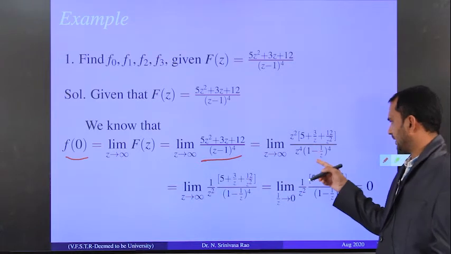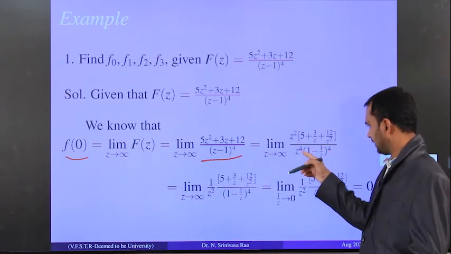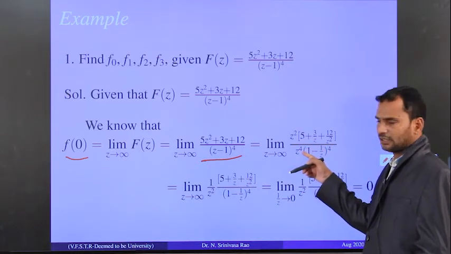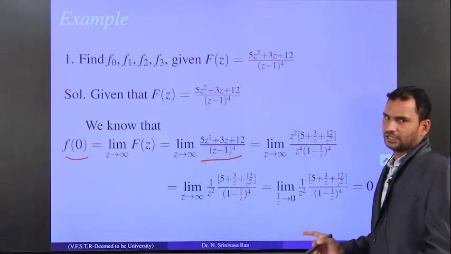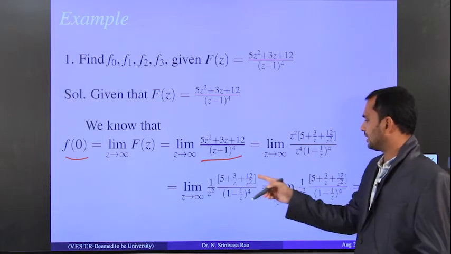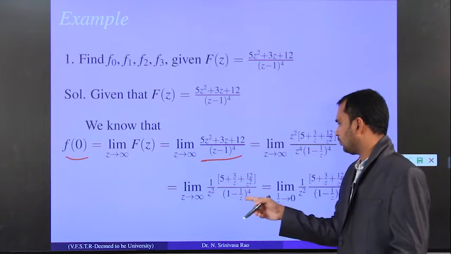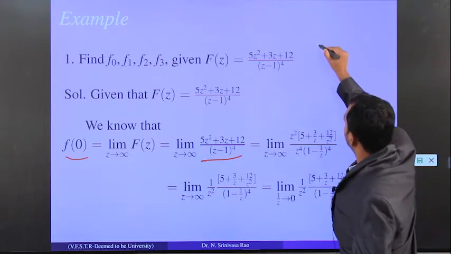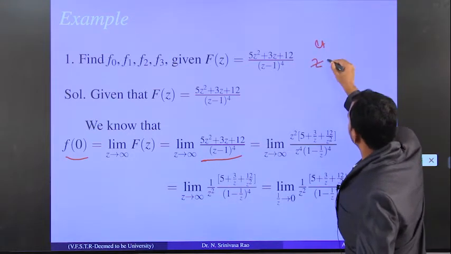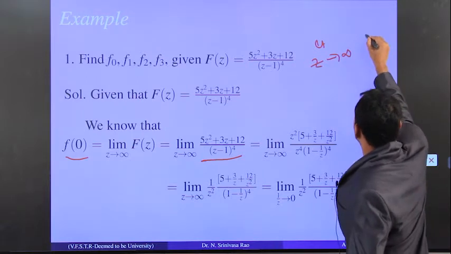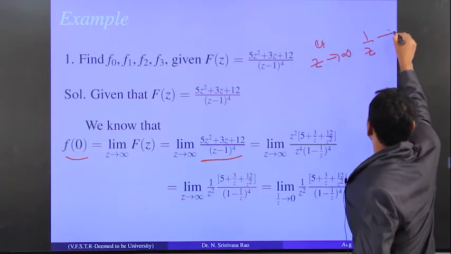Now z square in the numerator and z power 4 in the denominator, so z square will get cancelled. If you substitute the limit as z tends to infinity, 1 by z always goes to 0.